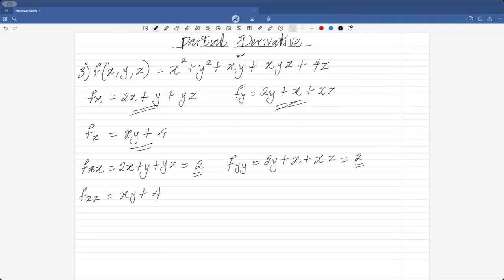As you can see, there is no z variable in the first order differentiation. So in this case, the derivative of xy, which is a constant, is 0. The derivative of 4, in this case, is also 0. So in this case here, our final answer becomes 0.